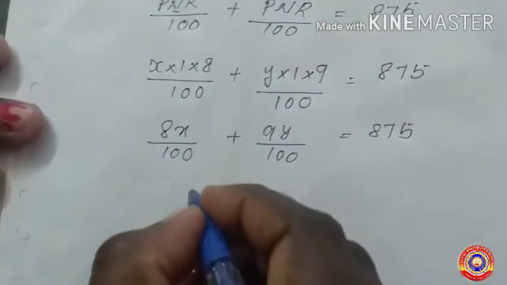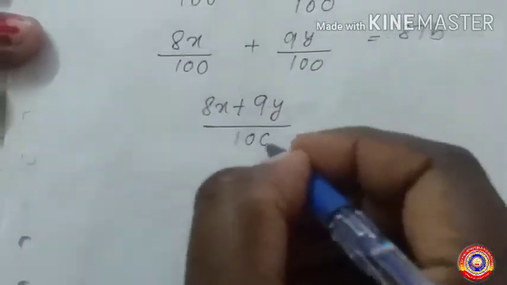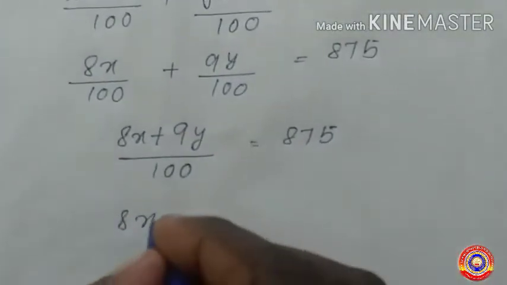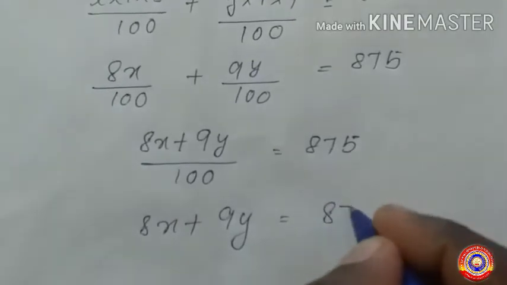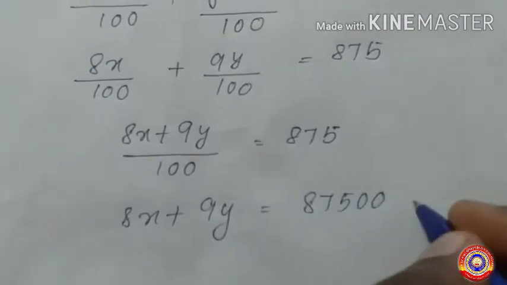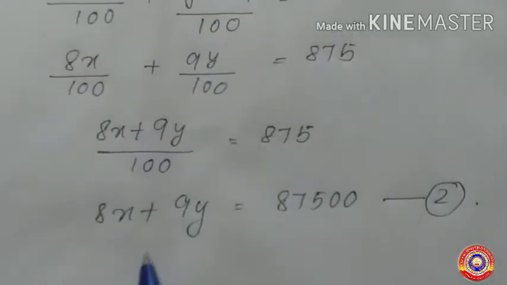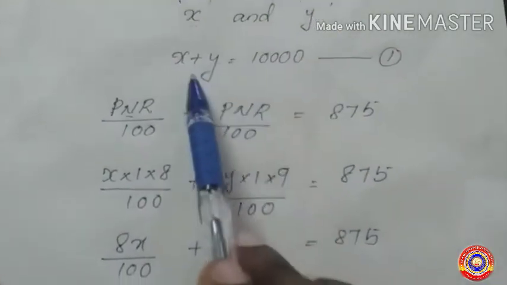So 8x by 100 plus 9y by 100 equal to 875. Here we can add the numerators. 8x plus 9y divided by 100 equal to 875. So 8x plus 9y equal to 875 into 100, that is 87,500. This is equation number 2. Comparing equations 1 and 2, the variable terms are different.